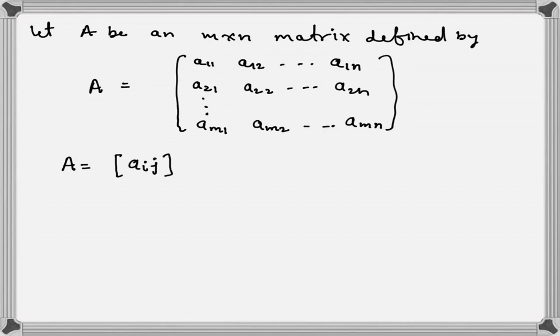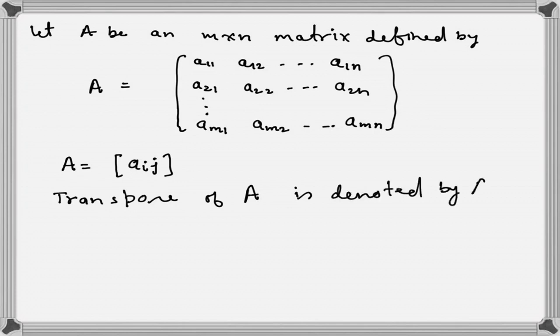Then let's define the transpose. The transpose of a matrix A is denoted by A transpose, AT, and it is defined by interchanging the rows and the columns.